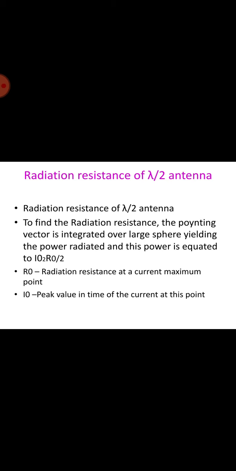And the total power radiated was given by P is equal to 15 I naught squared by pi, integral 0 to 2 pi, integral 0 to pi, (cos(beta L by 2 cos theta) minus cos(beta L by 2)) the whole squared divided by sin theta into d theta d phi.